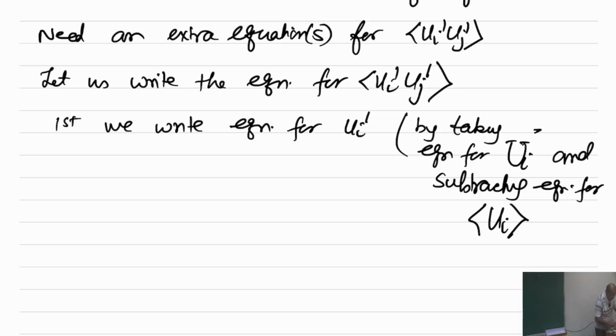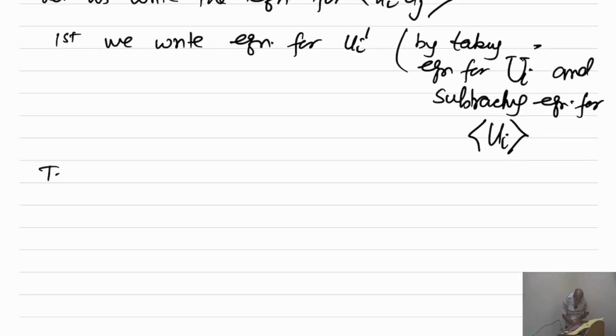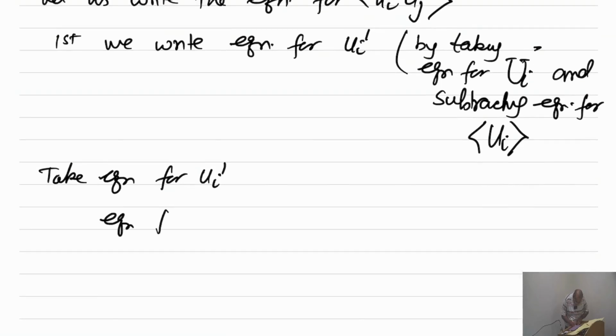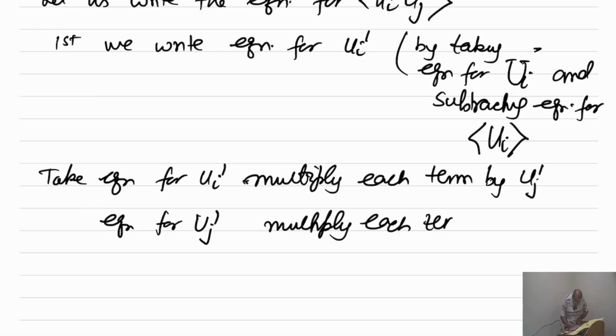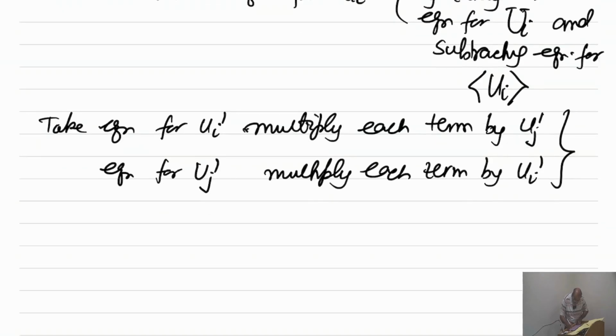So, we take the equation for ui prime and multiply each term by uj prime, and take the equation for uj prime, multiply each term by ui prime, and add these.